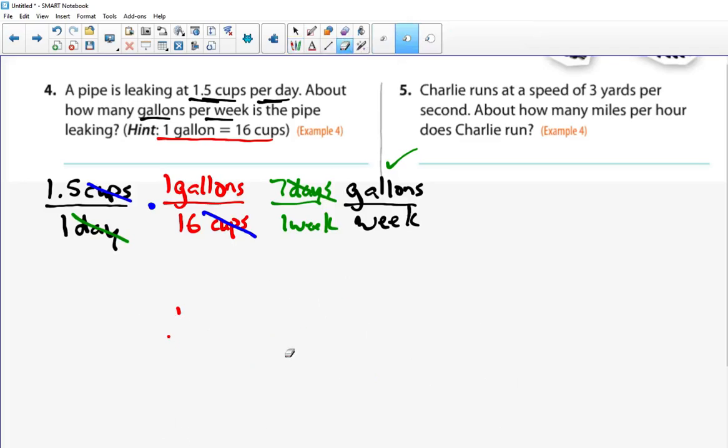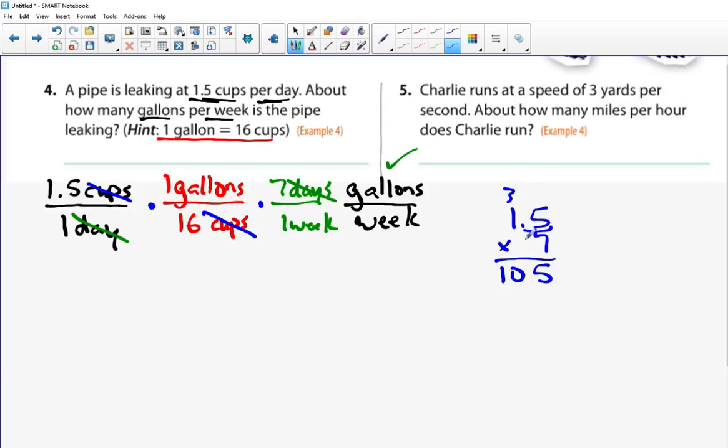That's the tricky part. The rest is just math now. So we're going to multiply straight across. We have 1.5 times 1, and times 1 is just 1.5. And then times 7, so I have to work that out. 1.5 times 7 will be 35. 7 plus 3 is 10.